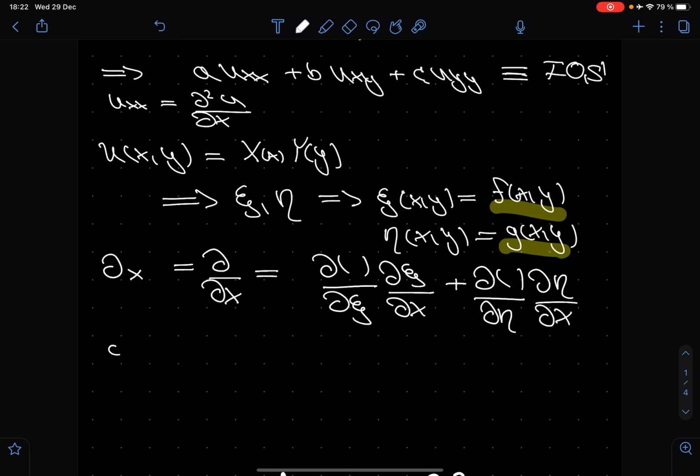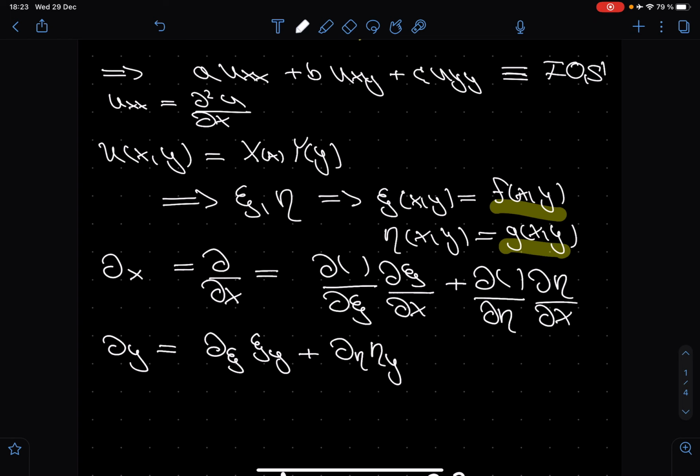The same for d/dy. I'm just going to shorten it a bit: d by d xi, and then instead of the derivative in x, we take the derivative in y, which gives us xi y, plus the same on the right side. Hope you get the notation: this one means xi y and eta y, or eta x and xi x, the first derivatives.